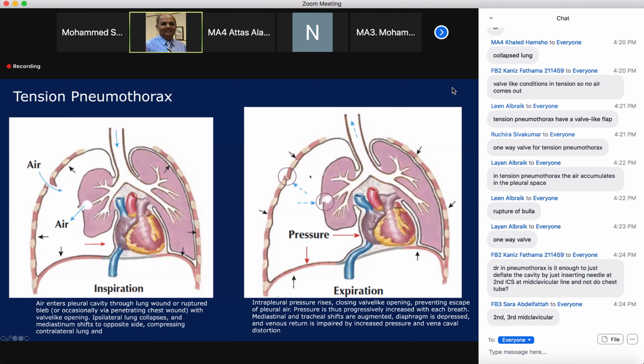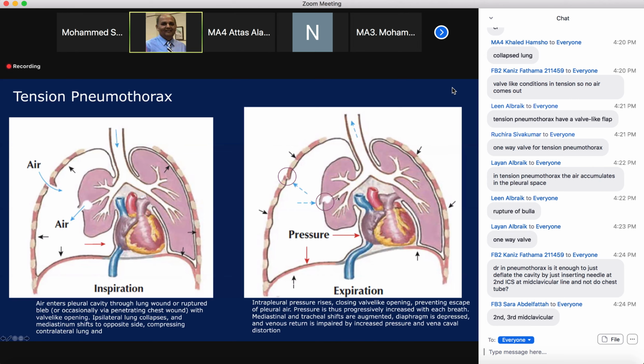So the extra air, the air which was trapped here, will escape out. And then the mediastinal structures, heart and everything which has been pushed so far, will come back to the normal location, not exactly normal, but not in a tension situation, in a pneumothorax situation. So inserting a needle, usually from the second or third intercostal space, from the front, mid of the clavicle, is a life-saving procedure.